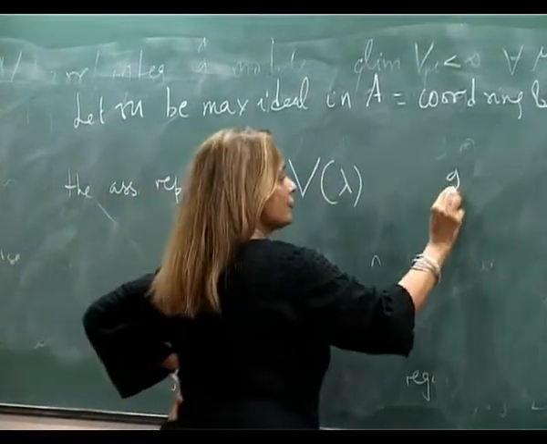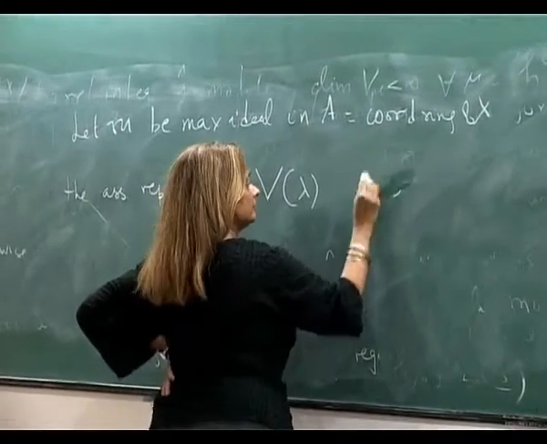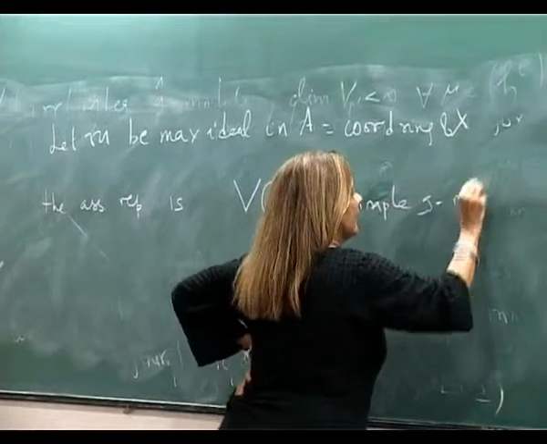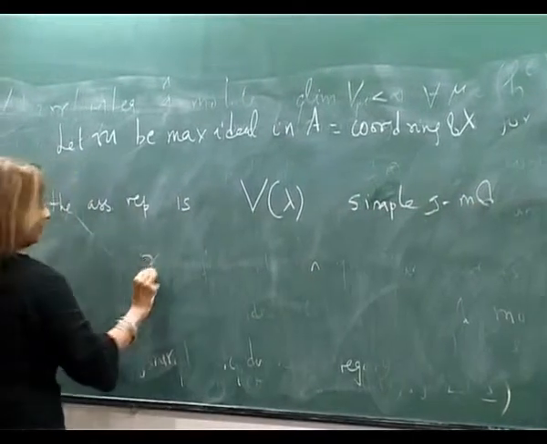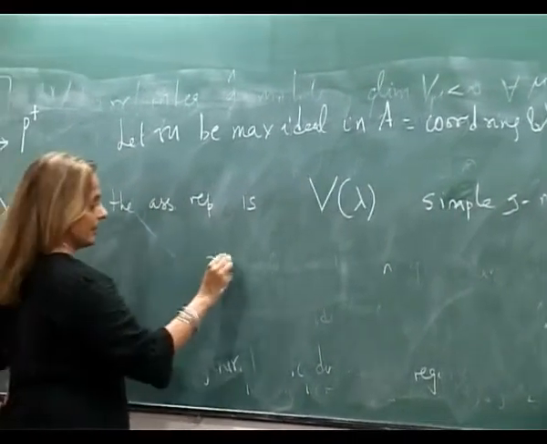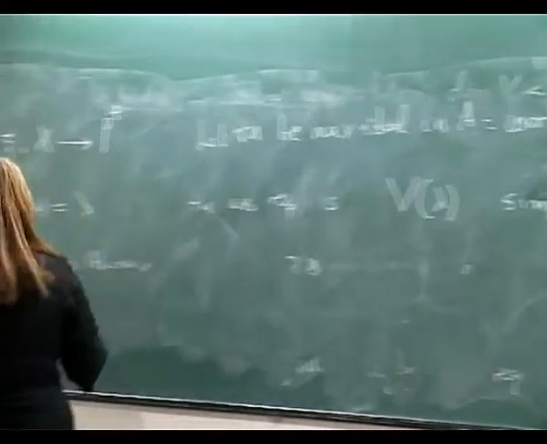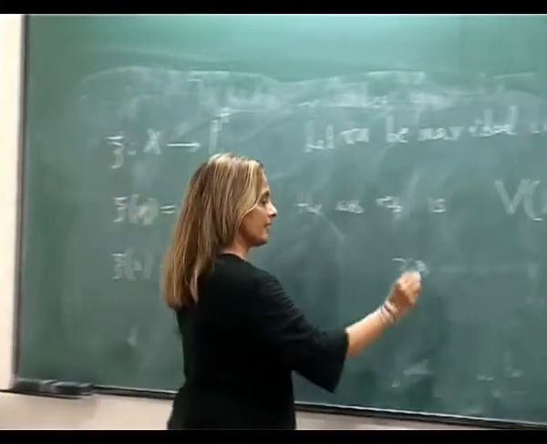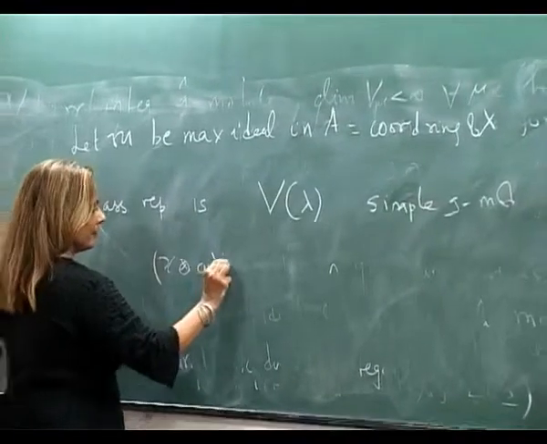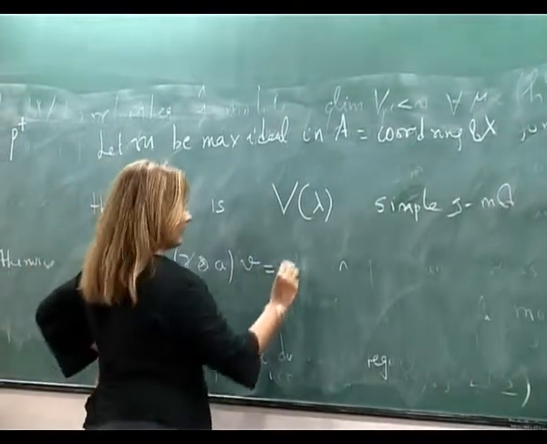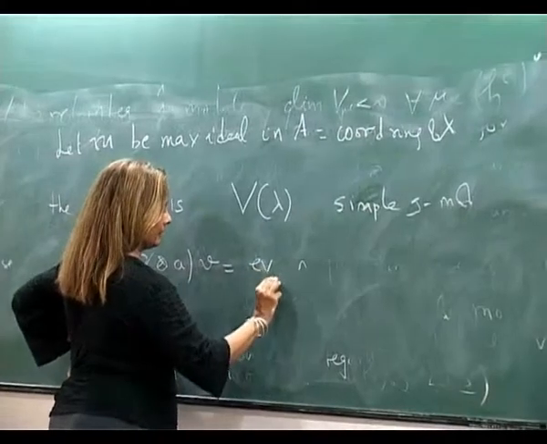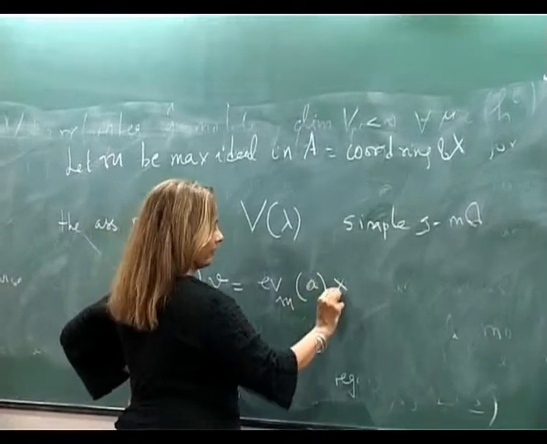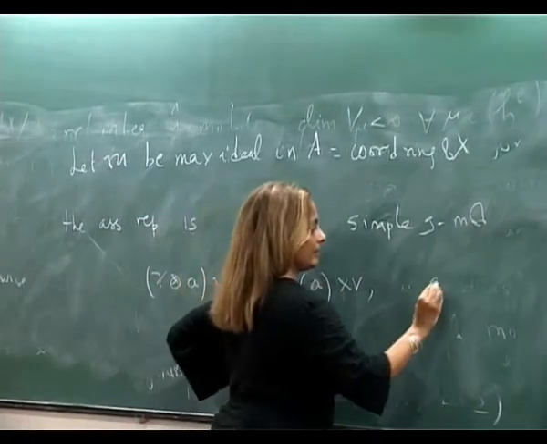We're working with G. It's a simple G module. And the action of x tensor a, let me call this x naught, will be the evaluation along this maximal ideal at a, x v. Here a is in A.